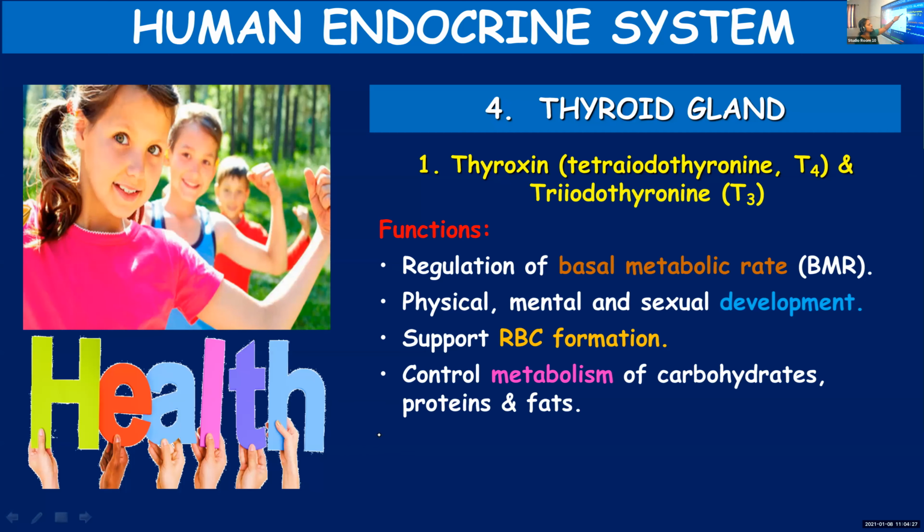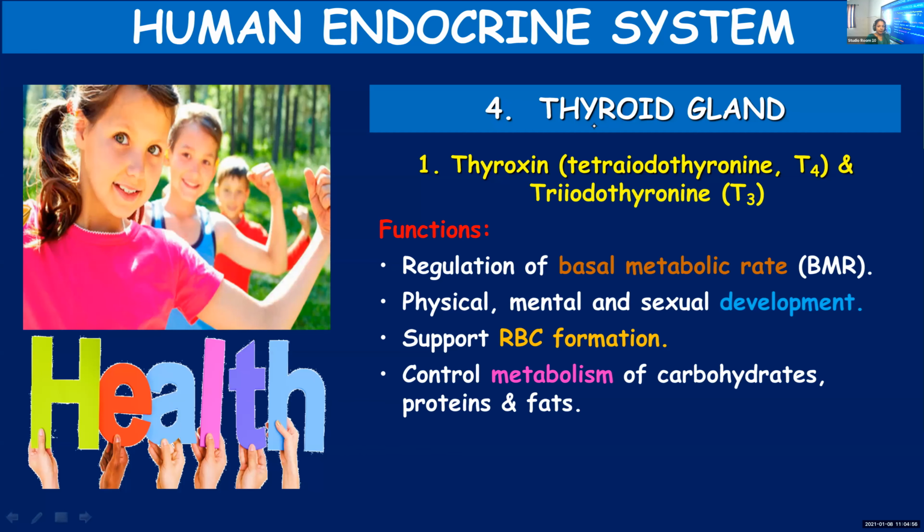Metabolism, as you know, is the sum total of all the reactions taking place in your body. Synthesizing, building up reactions and breaking down reactions are taking place. You have learned in the first chapter that metabolism means catabolism plus anabolism.